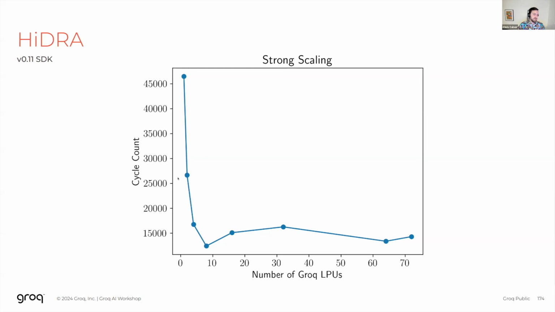So 46,000 to 26,000 is much closer. It's like 80%. I think I did the numbers before. This jump to this jump is like 80%. This one to this one is 60%. But again, this is expected for strong scaling, that at a very large number of processors, you're just going to be communicating and not actually computing very much on any one resource.